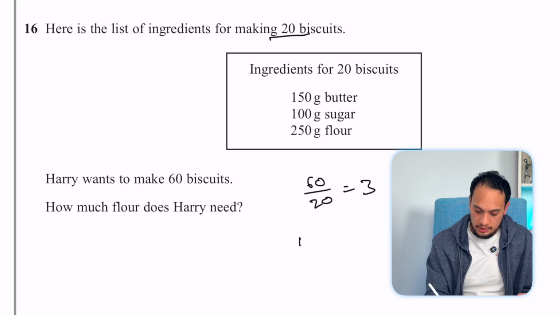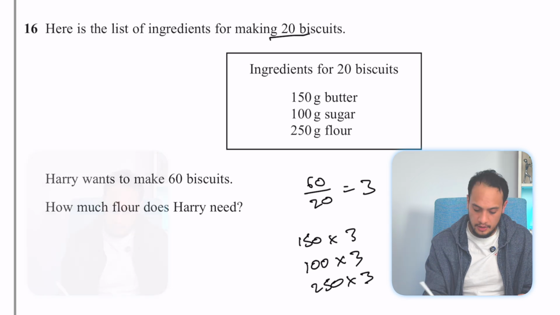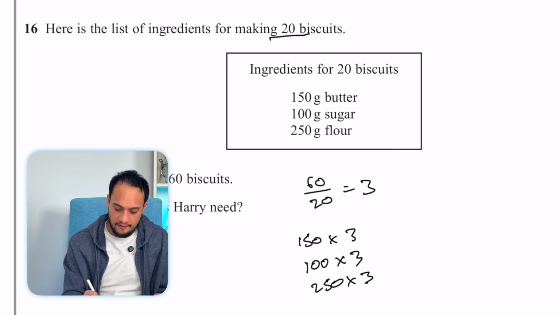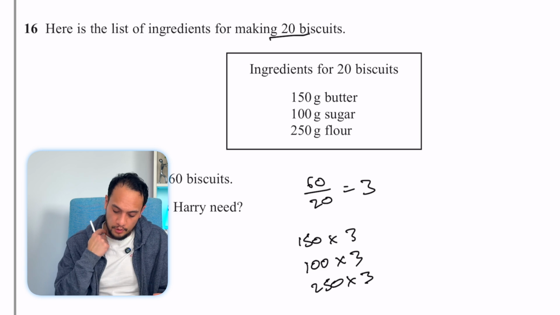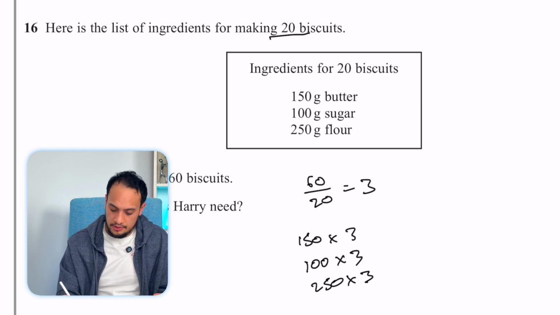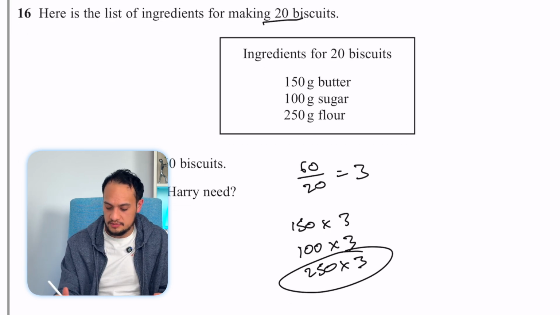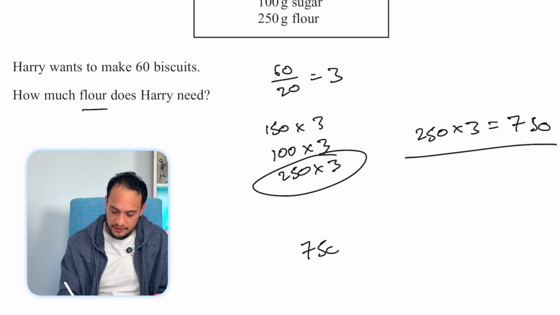So therefore you need 150 times 3, you need 100 times 3, and you need 250 times 3. And it's asking about flour, so make sure that you give the one that's actually needed. So that will be this one. So 250 times 3 is 750. So the answer is 750 grams of flour.